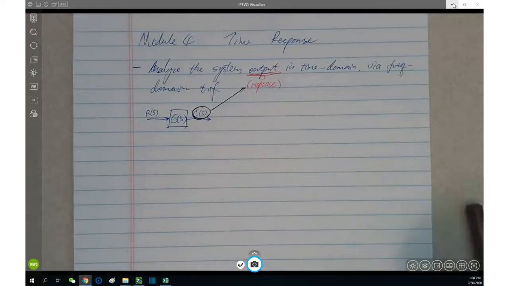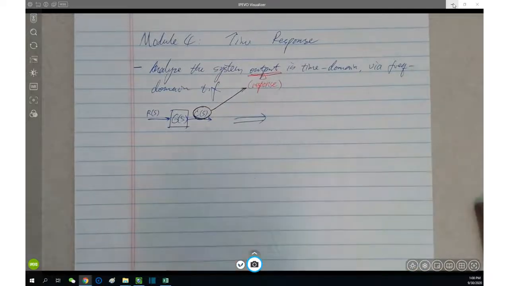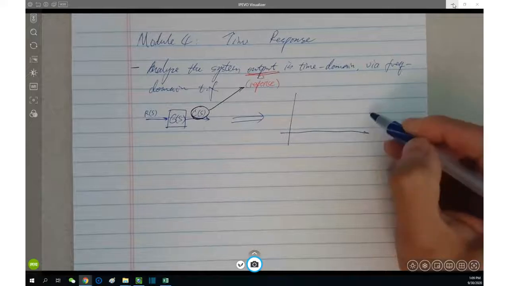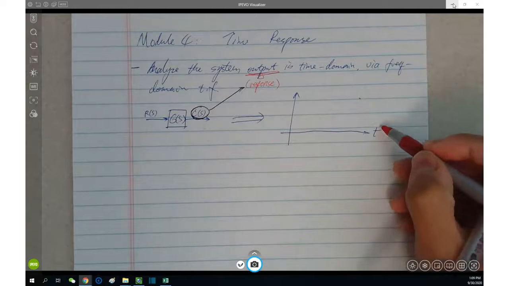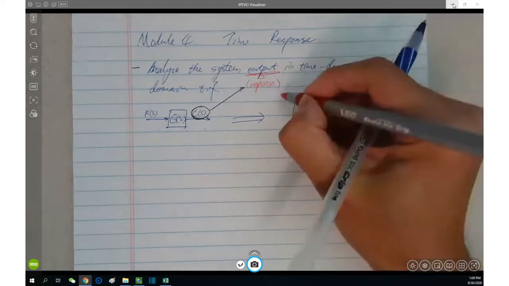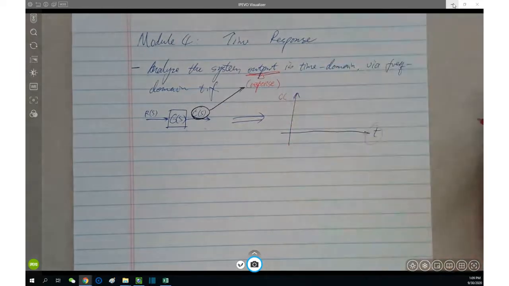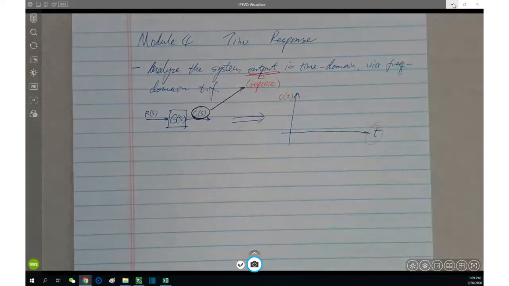Based on this transfer function, we are trying to come up with this here, in time domain. We are trying to figure out the relationship between this time domain waveform, the resulting curve of the output. So it's not C(s) anymore. This is c(t), lowercase c of t. Does it make sense?